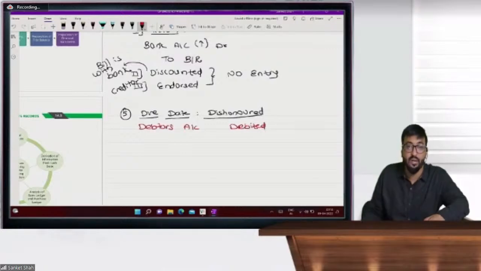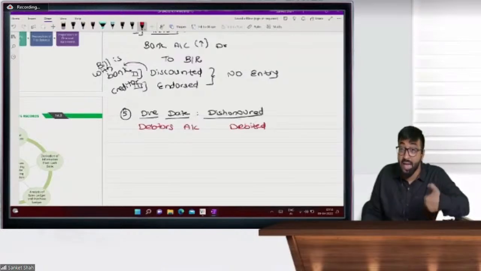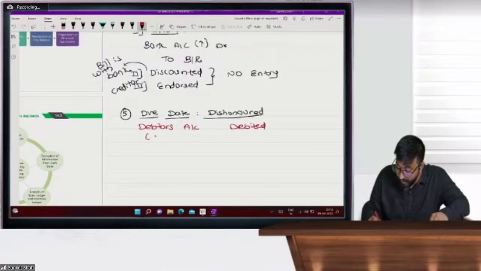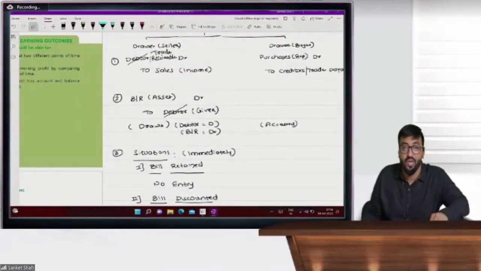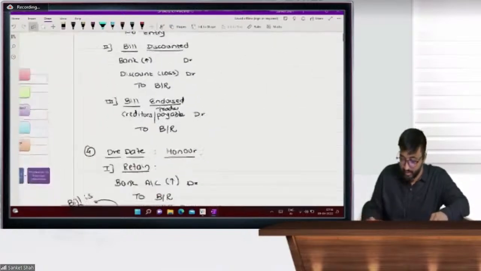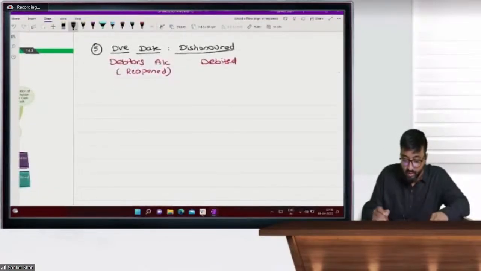The logic is very simple. Because now your bill has no use, and again the amount is receivable. The debtor will come alive again. Remember this: debtors will be reopened. So this is debtors account debited. Why? Debtor will be reopened. You cancelled your debtor in the first entry. Now you have to reopen the debtors again, and therefore in every entry debtors will be debited. So this is a fundamental rule for dishonor. Remember, your debtors will be reopened.